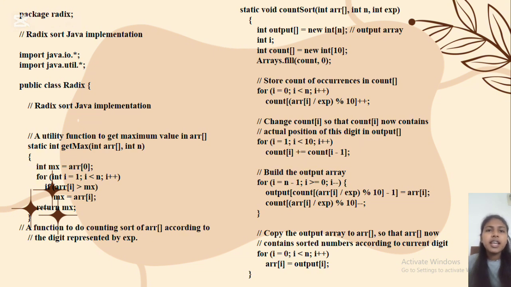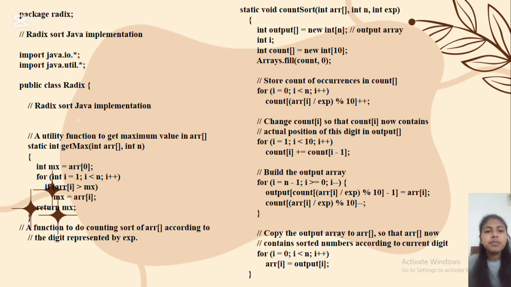In the next for loop, it updates the count. So count[i] contains the actual position of this digit in the output array, and each count[i] stores the cumulative sum of previous counts. This ensures the digits are placed in the output in the correct order.